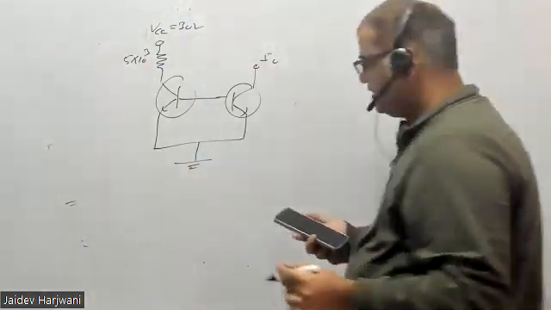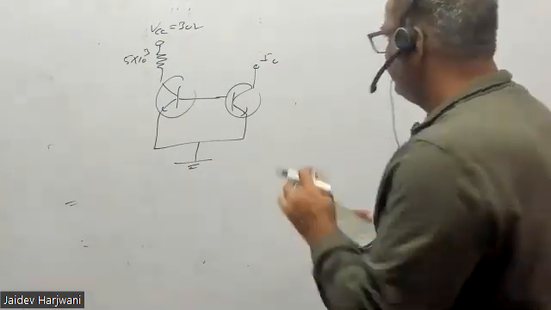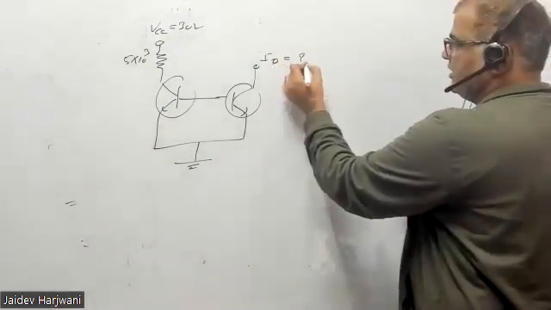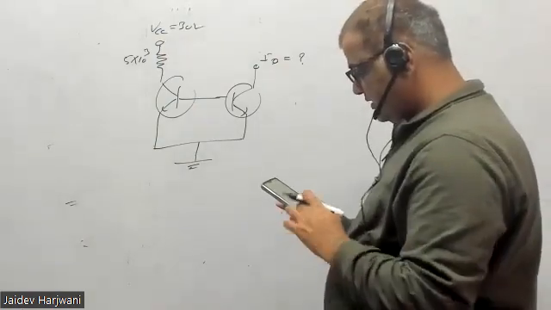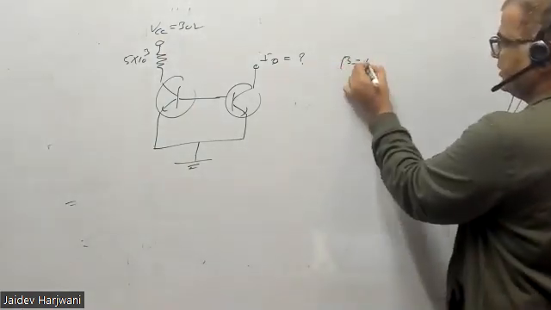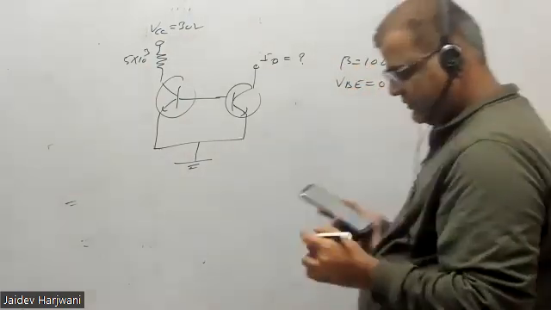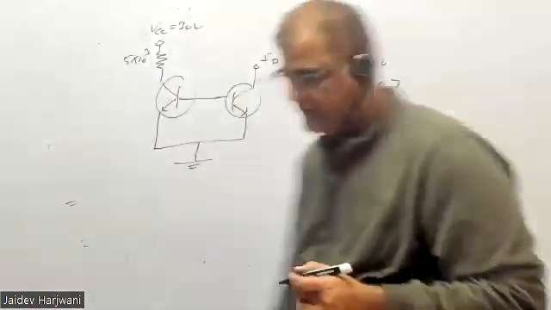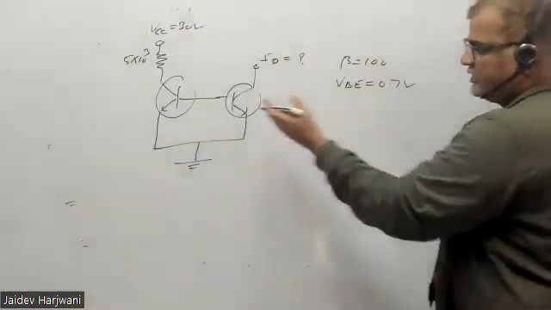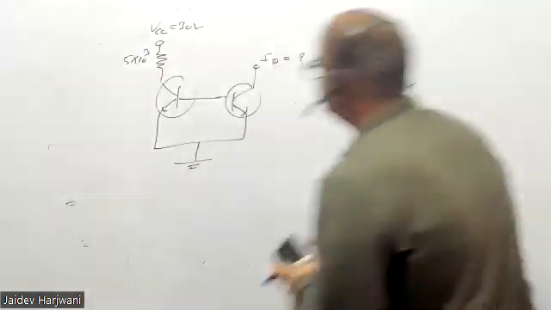So question में पूछा है, what is the value of I naught, ये वाला पूछा है I naught, okay, beta given and VBE given. Beta is 100 and VBE is 0.7 volt. Now both the transistors are what?